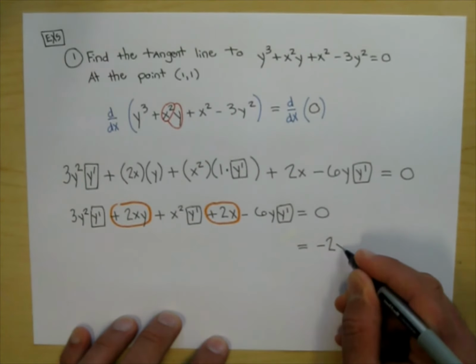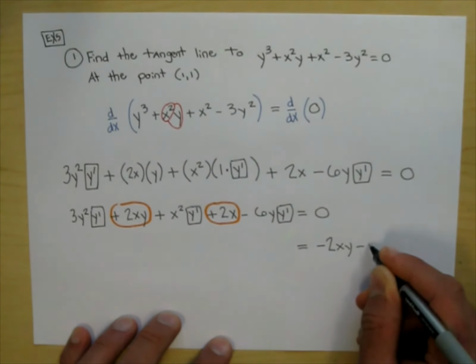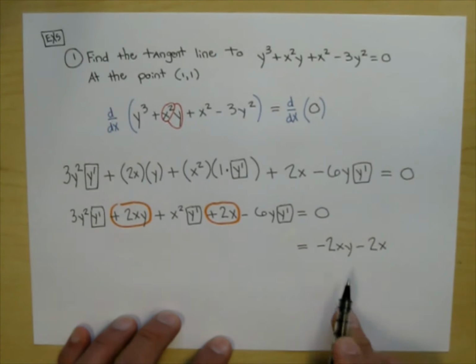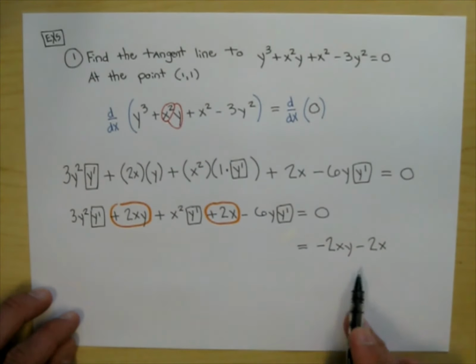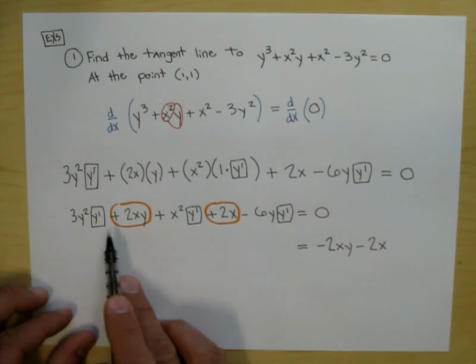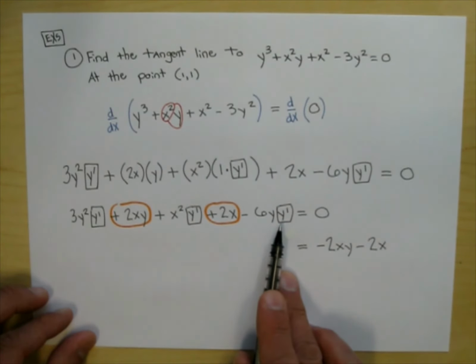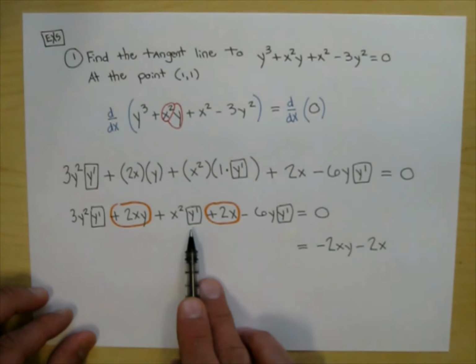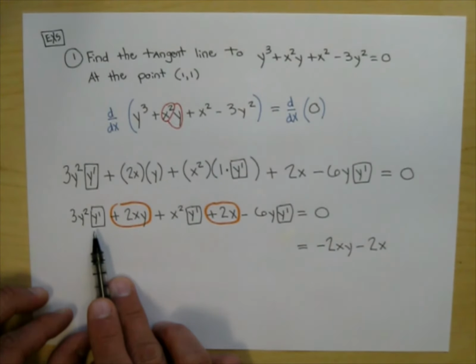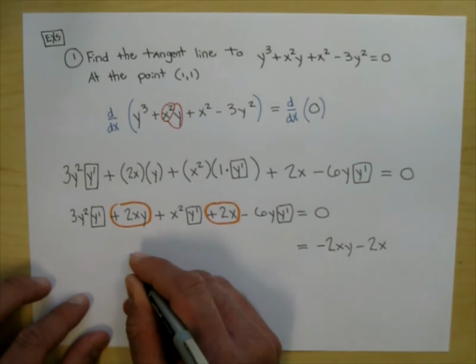Okay, so negative 2xy minus 2x. We did send those guys right over, didn't we? And then we have 3 terms here. Those 3 terms each have a y prime. So with the 3 terms that I have left over here, I'm going to factor out the y prime.